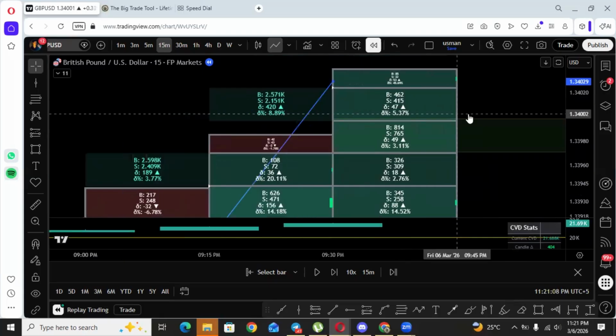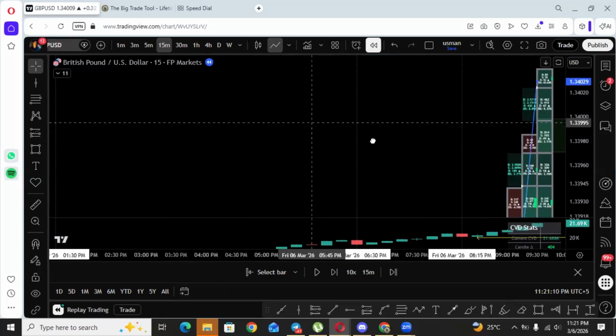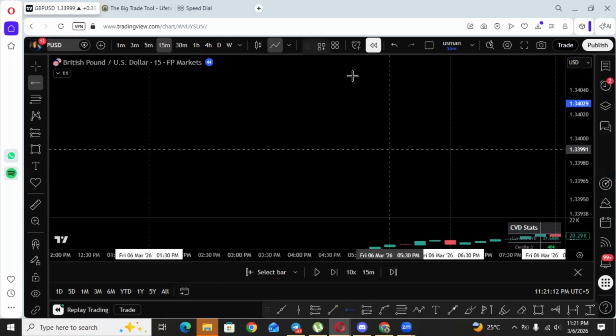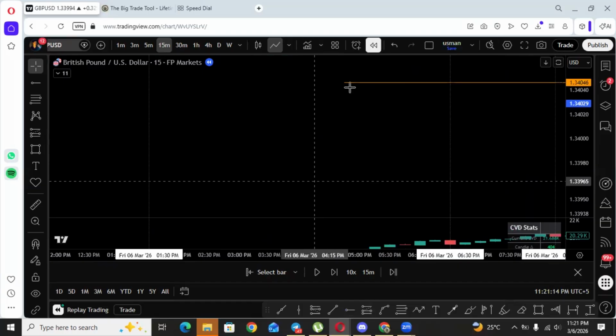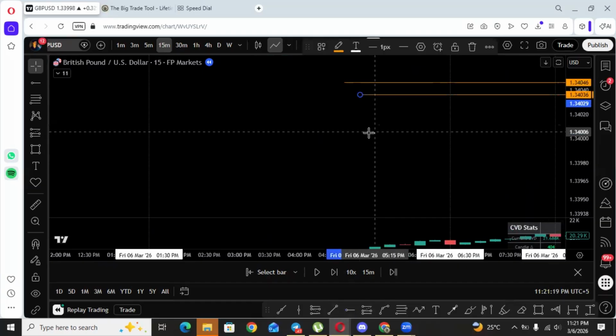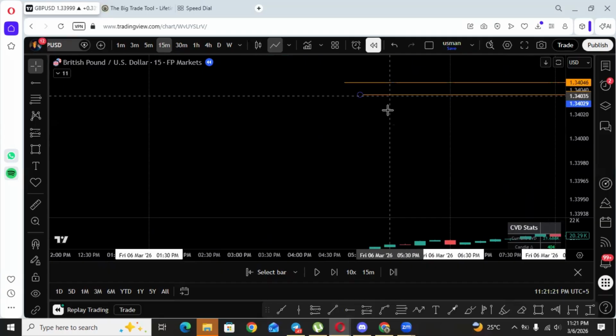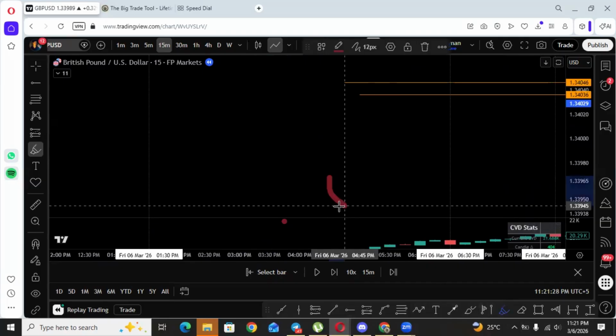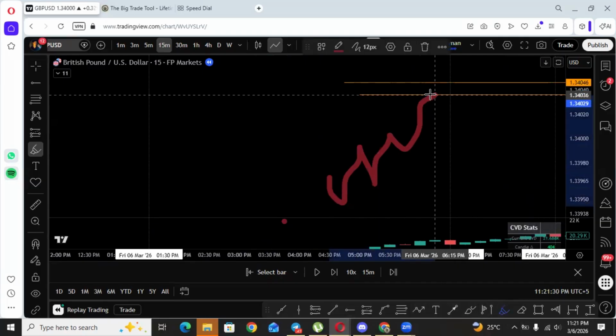So when the price is moving up, in all these areas, there were buying and selling limits placed in the order book. When price moves up, it triggers all these sell limits. So who was selling at this point, who was buying at this point?